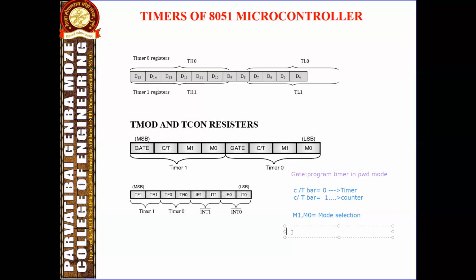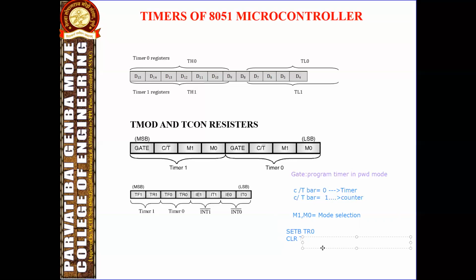That is SETB TR0 and CLR TR0. This instruction is for timer 0.